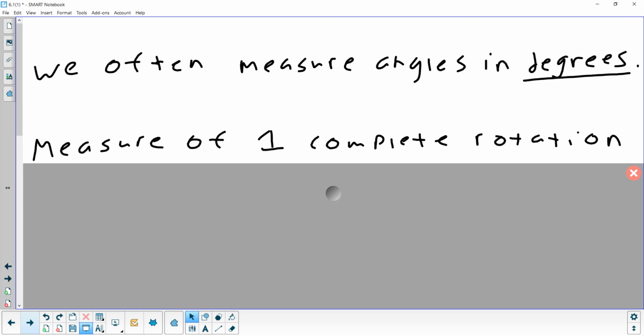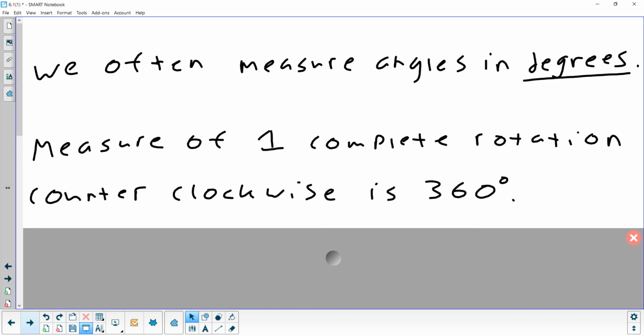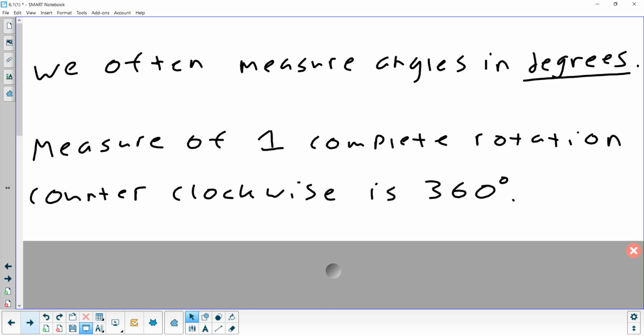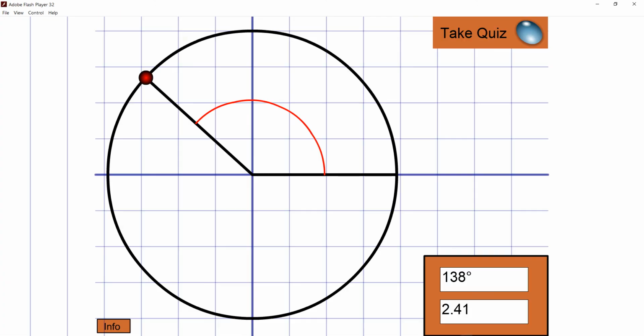So let's talk a little bit about some different measurements that are common. If you had one complete rotation on a circle, how many degrees would that be? John? 360. Now, specifically, if you go in the counterclockwise direction, that would be positive 360. So let's draw a positive 360. Here's 0. And I want you to notice where the initial and the terminal sides are.